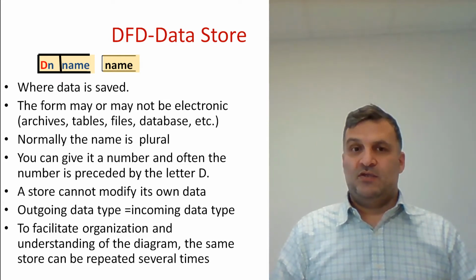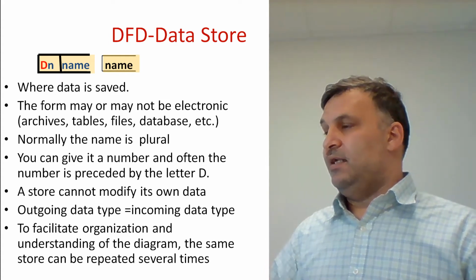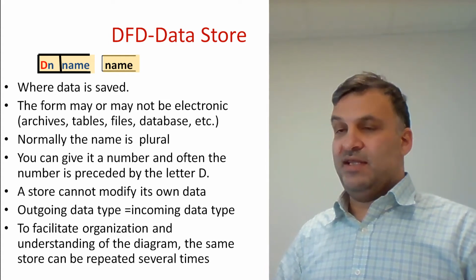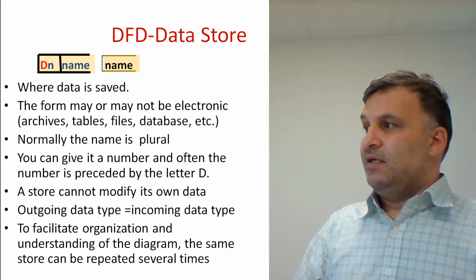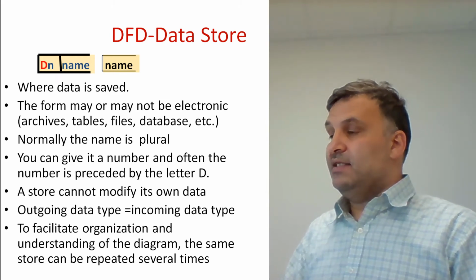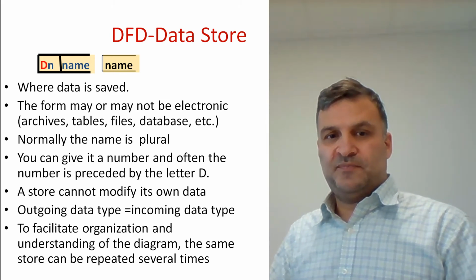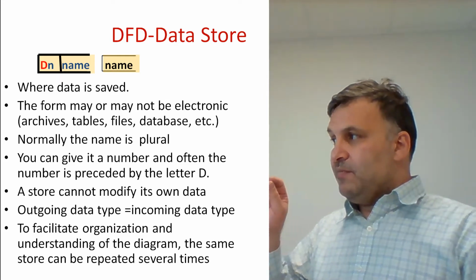Usually these data stores are realized by electronic or non-electronic methods. They may be assembled papers, they may be archives, tables, files, databases, etc. And most of the time the name is plural.